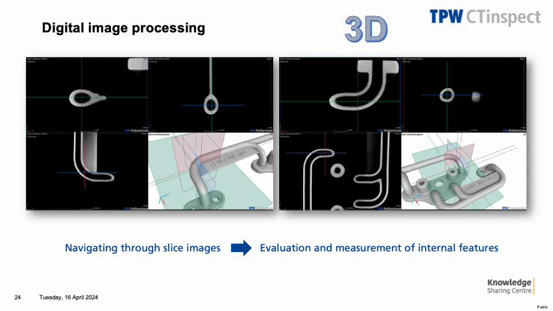One can navigate through these images and hence evaluate and measure the internal features of the part. Since this is all done on a virtual 3D volume model of the actual part, this process is non-destructive, of course.